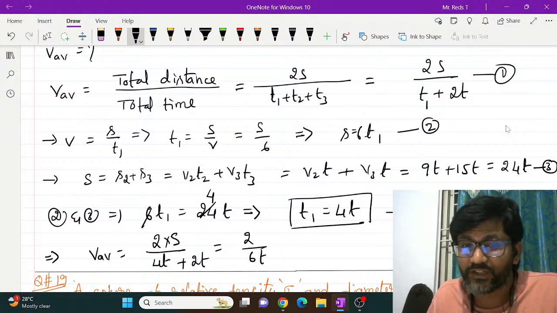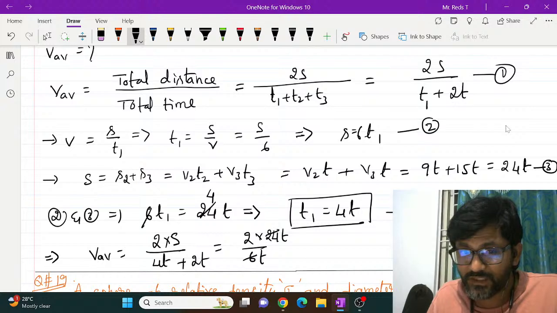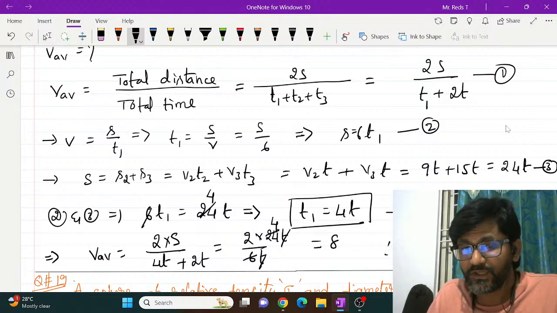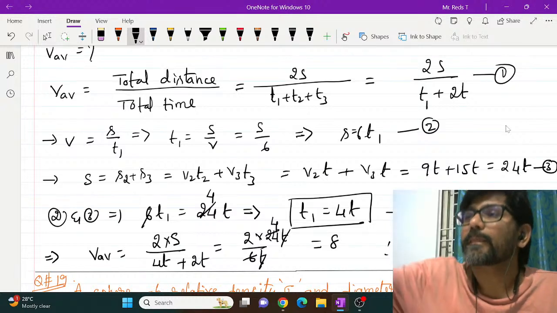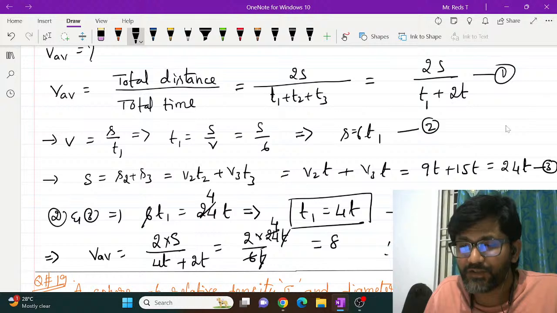S is also equal to 24T, so 2 into 24T by 6T. Now on simplifying this further, 6 1s are 6, 6 4s are 24, so T gets cancelled. 4 2s are 8, it is 8. Therefore V average is equal to 8. Average speed, the unit should be meters per second.